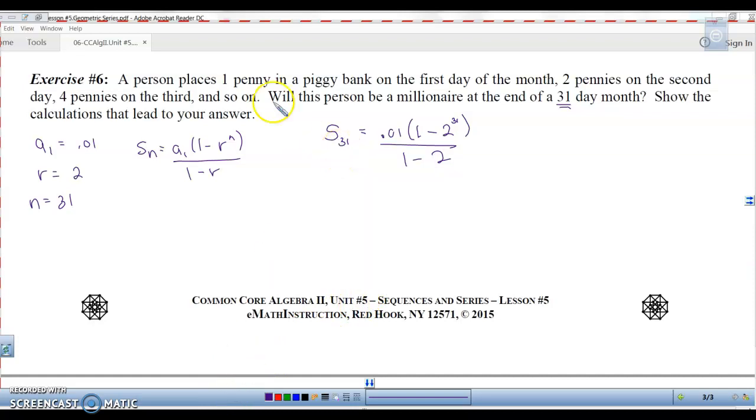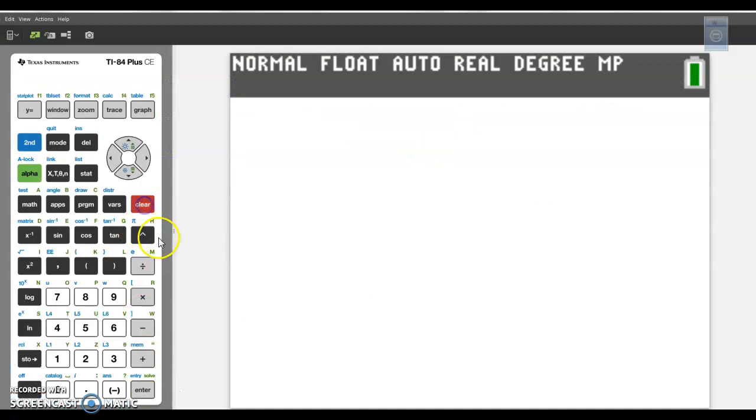If you add the money you have, 1 cent plus 2 cents plus 4 cents and so forth, let's see how much money you're going to have. Again, I'm going to use my fraction key. So it would be 0.01, and then 1 minus 2 raised to the 31 power, divided by 1 minus 2.